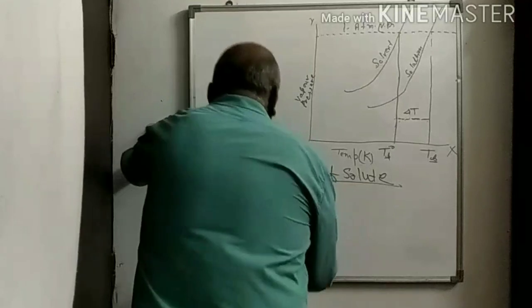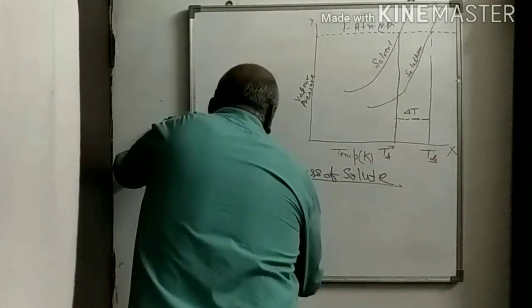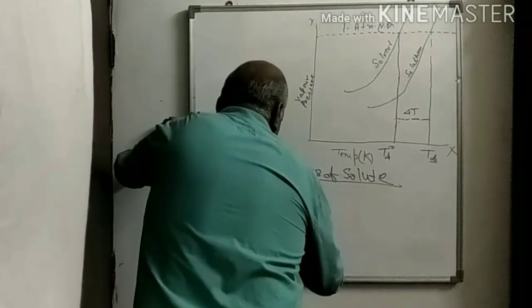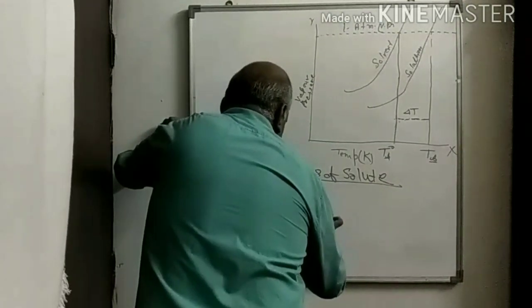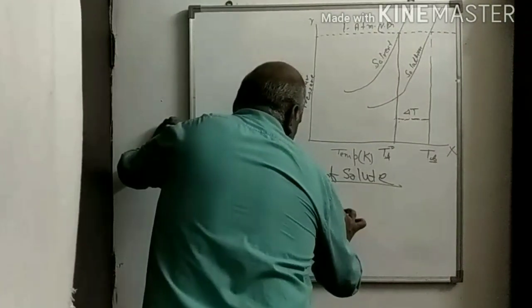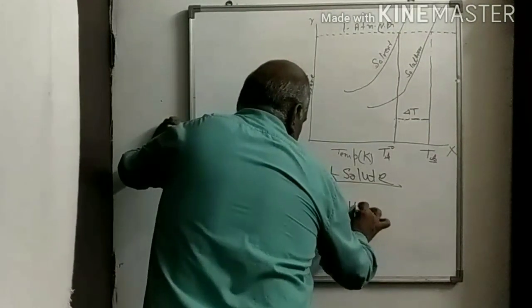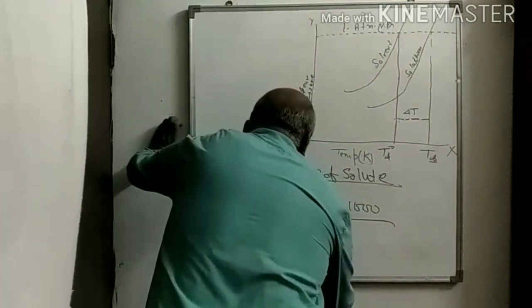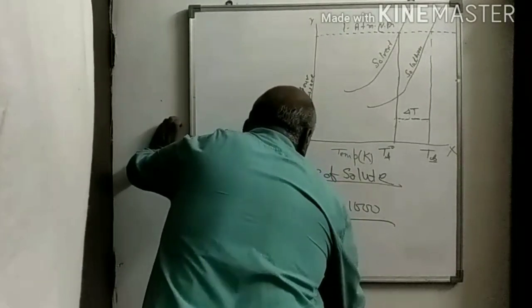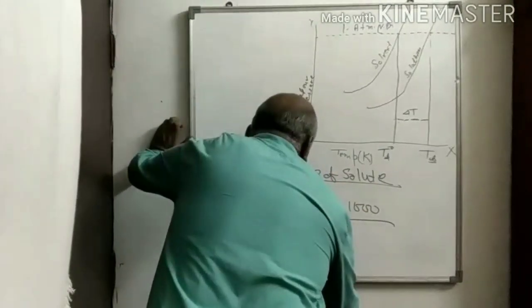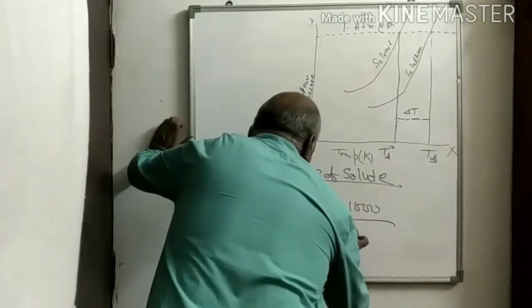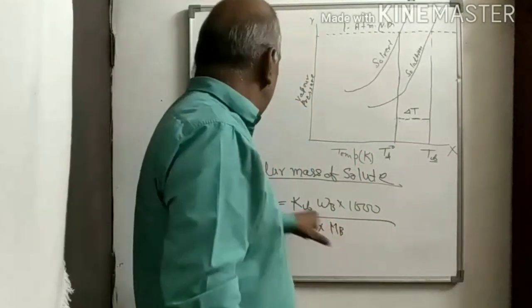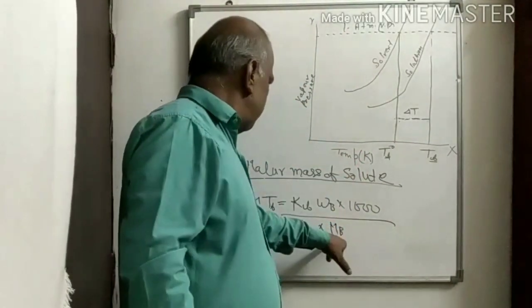For this we can use the formula: delta Tb is equal to Kb into Wb into 1000 upon Wa into Mb, where Mb is the molar mass of solute.